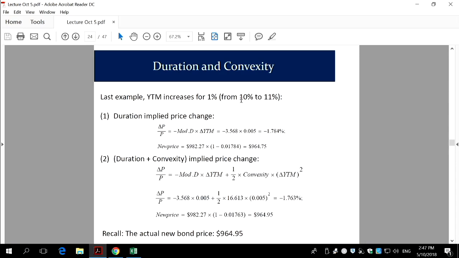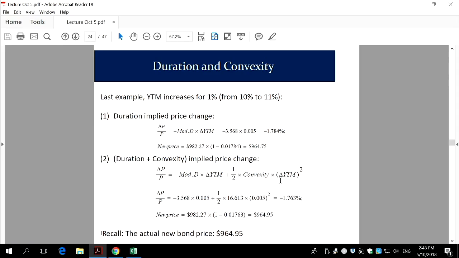Suppose the same example, if the change is not that tiny, there is a 1% change of yield to maturity from 10% to 11%. Originally, we calculated the duration implied price change, and we know that this implied price change is not really that perfect. Then we can have duration plus convexity implied price change. So you have an additional term here.